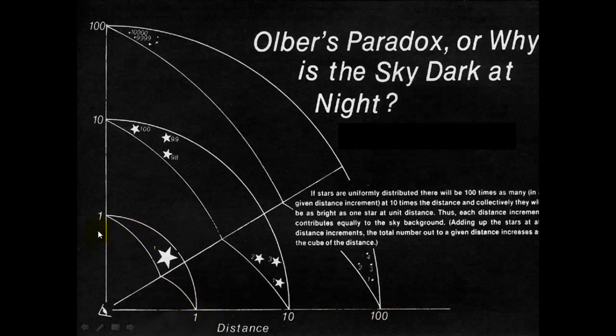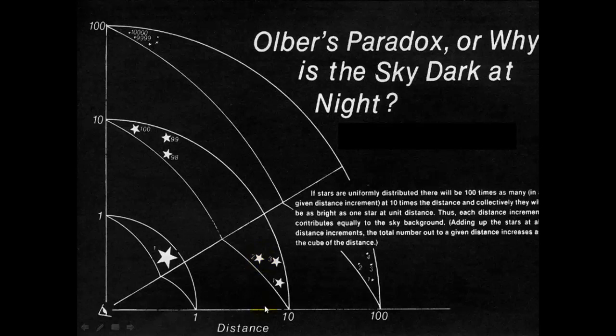Now we're going to have a slightly more rigorous mathematical approach to this. If we take the stars in a shell, a very thin layer of space at a distance of 1 unit from us, this is a very close star, and it's emitting lots of radiation towards us. If you go 10 times as far away, this area is going to have 10 squared times as many stars.